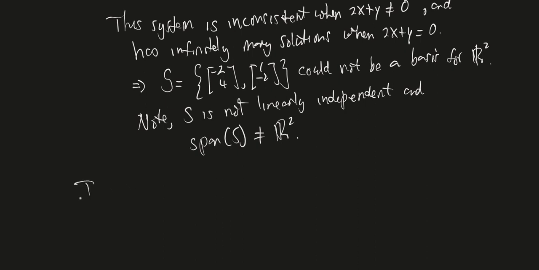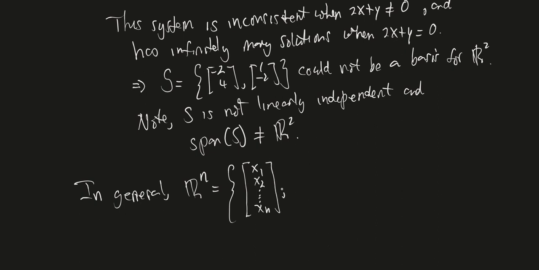So in general, using the same process there, we know that Rn is now the set, and again I'll continue to write it as a column, but now we have n components, x1, x2, dot dot dot, xn, where each of the xi's can be any real number.